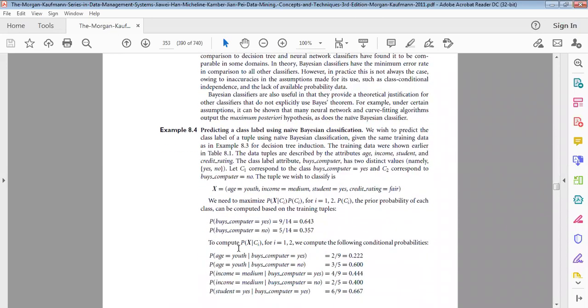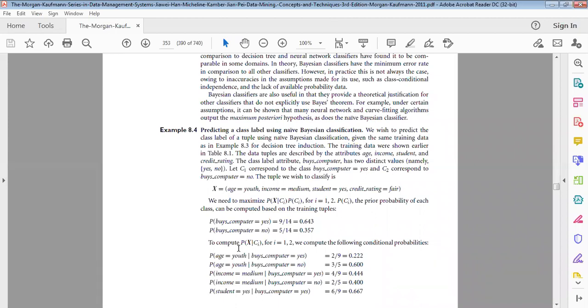See this example, which shows how naive Bayesian classification works. Suppose X is: age is youth, income is medium, student is yes, credit rating is fair. We want to know whether the customer buys a computer or not. We need to maximize P(X | C_i) P(C_i) for i equal to 1, 2. The prior probability of each class can be computed based on the training tuples.